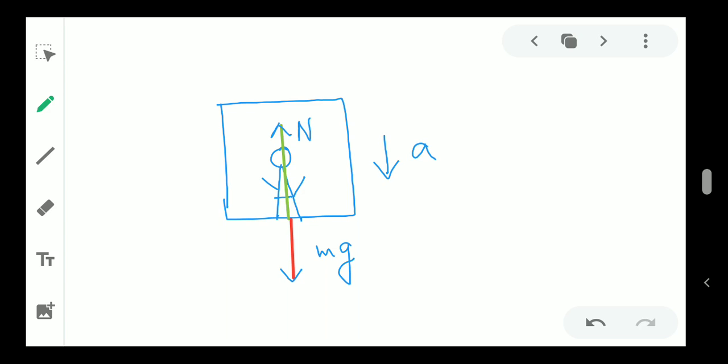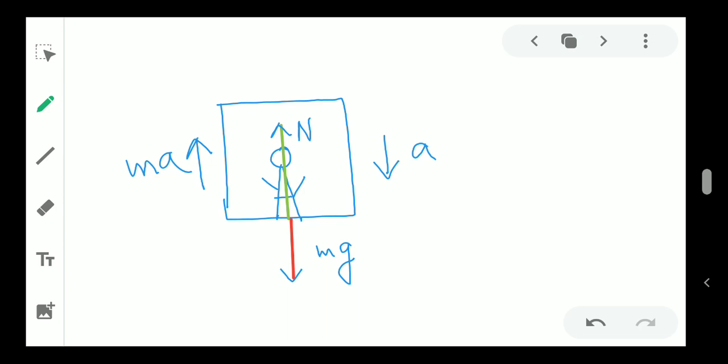So if your lift is going downward with an acceleration, your body will have some inertial force. This force is a kind of hindrance, you can say, and this force will be your ma.